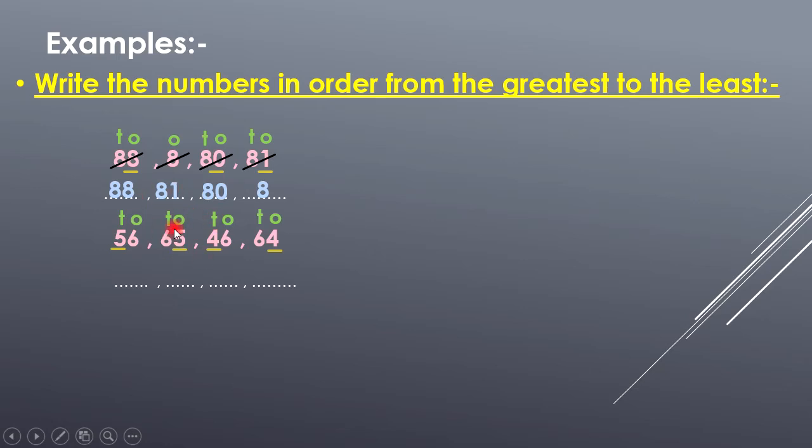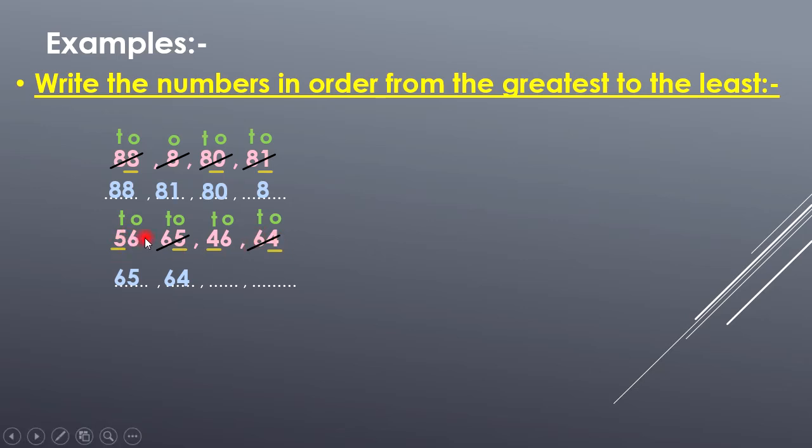Yes, 65, because here 5 in ones digit and here 4 in ones digit, so the biggest number is 65. So I cross 65 and put here 65. Now I have 56, 46 and 64. The biggest number here is 64, so I cross 64 and put 64 here.